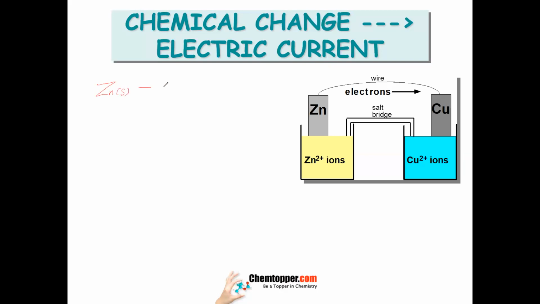It has a very high tendency of undergoing oxidation, and it gives us Zn2+ aqueous in water. Once it is in the 2 plus oxidation state, it will come into water. Now it is no longer solid, and 2 electrons. This is oxidation.